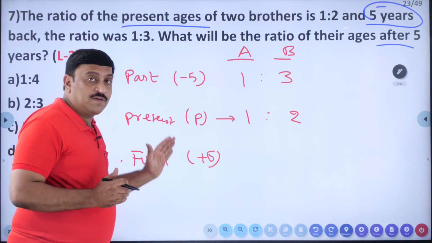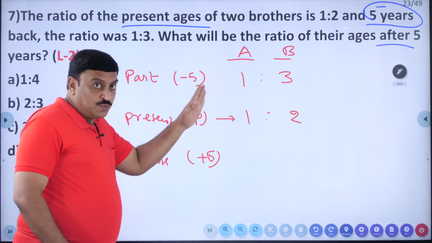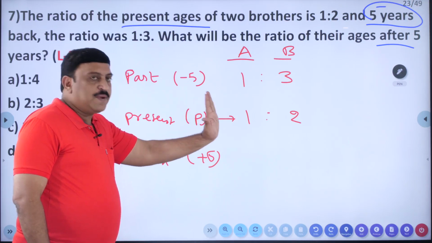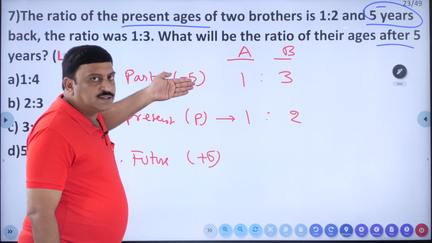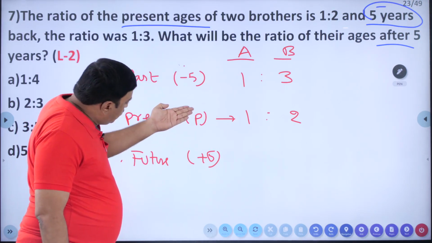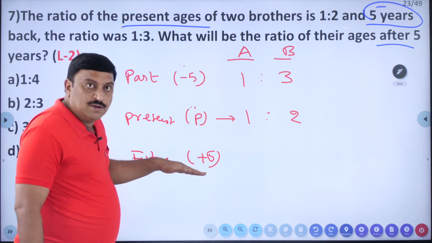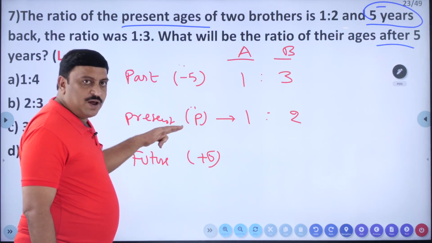When we have to do all these things, if you are touching the ratio, it should be balanced first of all. First make it balanced, then whatever is removed or added from here to here, the same thing should be added from here to here. Is it not? -5 plus 5 means we'll come to present.